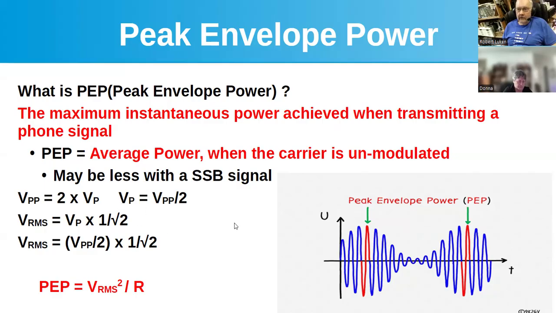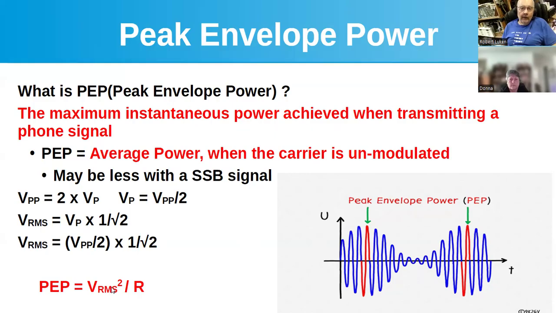So you do the peak times 0.707, and that's going to give you the RMS value.